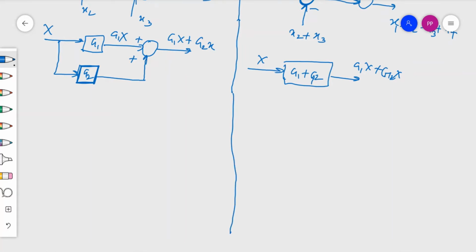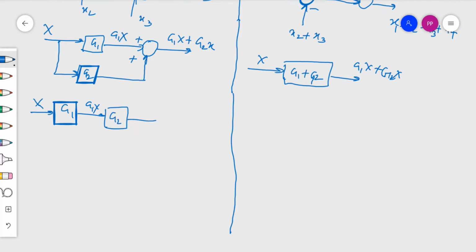The next situation: the signal X enters the block G1. So the output is definitely G1X, and this again enters the block G2.